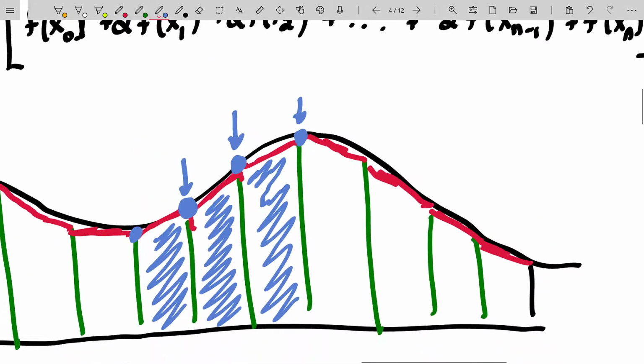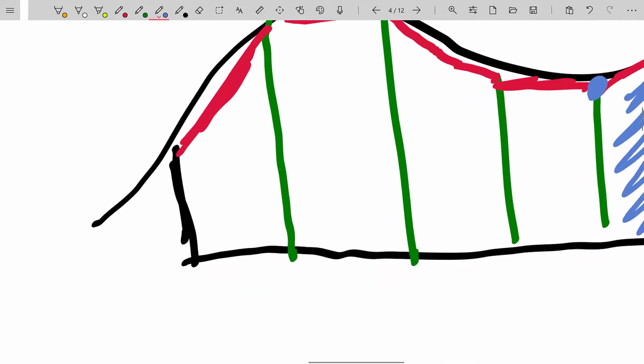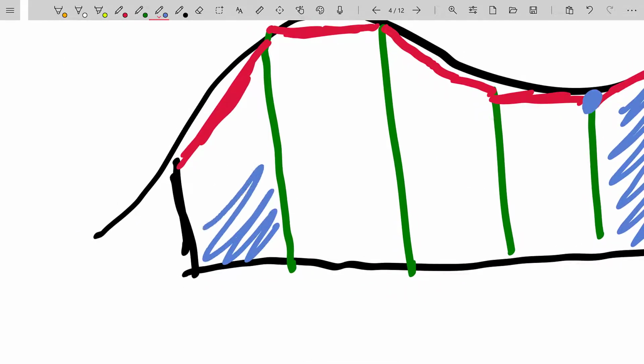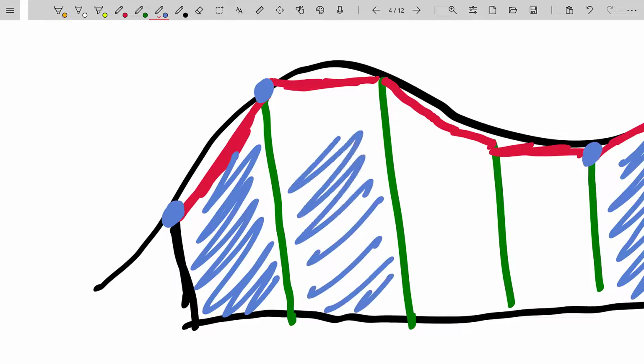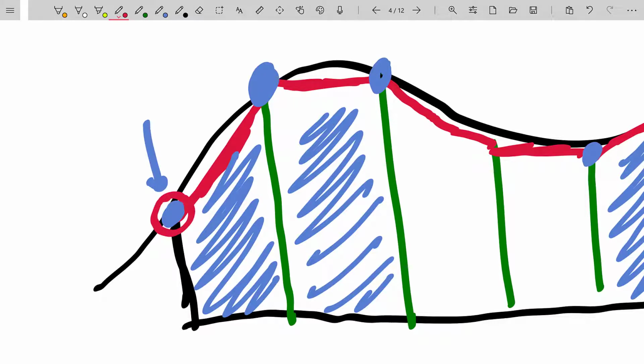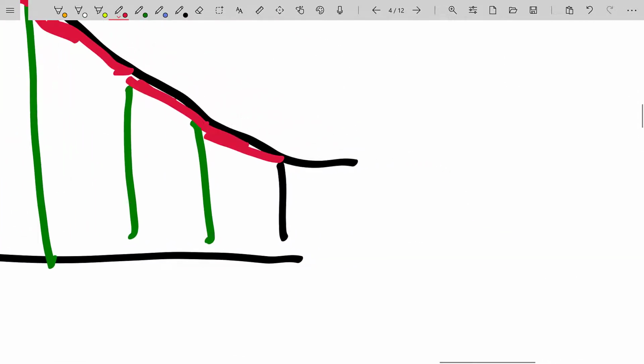So every single y value gets used twice, with the exception of the first and last trapezoids. This first trapezoid right here will use its leftmost y value and its rightmost y value. However, when you go to the right, this one is not going to hop over here and use this left y value. No, it's going to use this one right here and this one right here. So this lowly little y value at the end gets ignored. It only gets used once. And that same thing happens over on the far right.